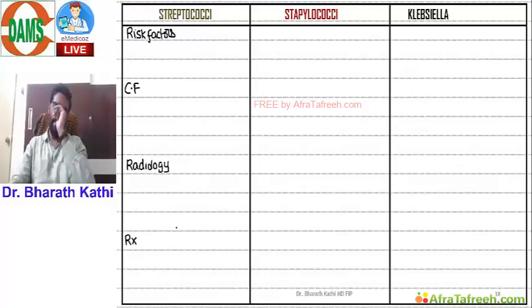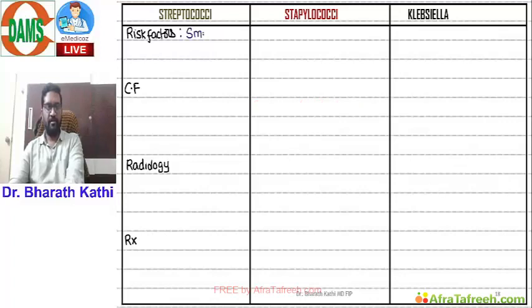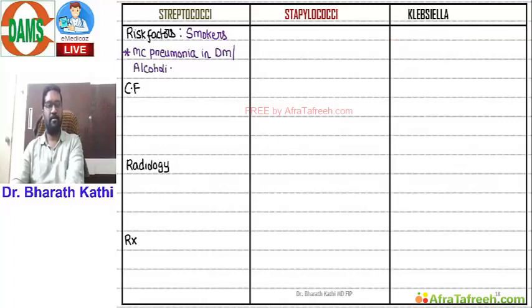and the usual treatment regimen. Coming to streptococcal pneumonia, as discussed earlier in etiopathogenesis, smoking can increase the chances of streptococcal pneumonia, and it is also seen in diabetics and alcoholics. The most common pneumonia in a diabetic patient and also an alcoholic patient is streptococcal pneumonia.